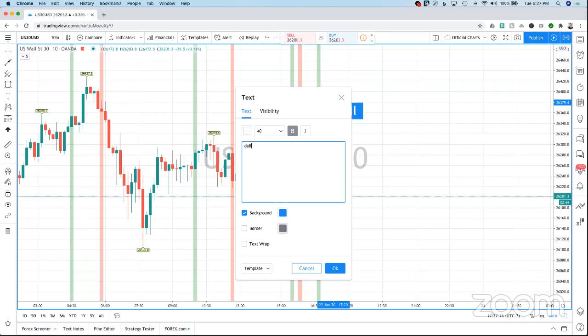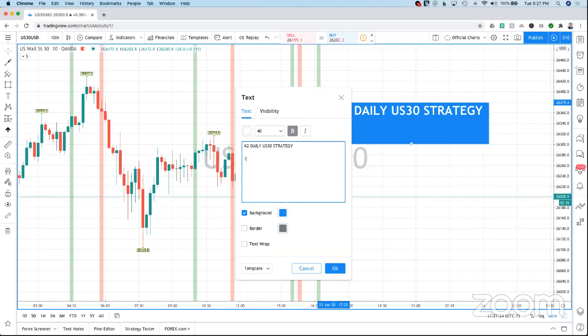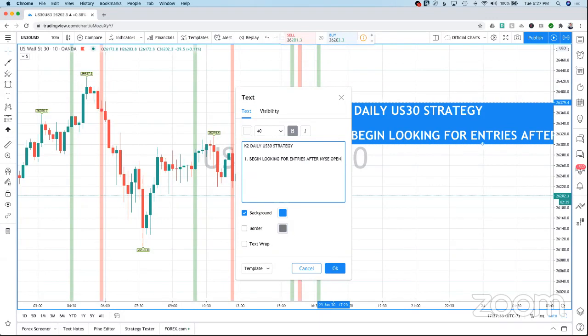K² daily. One, you just begin looking for entries after New York Stock Exchange open, EST.